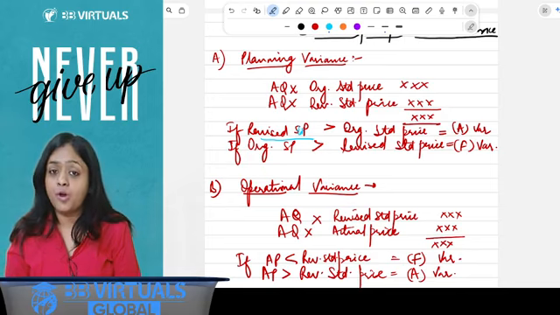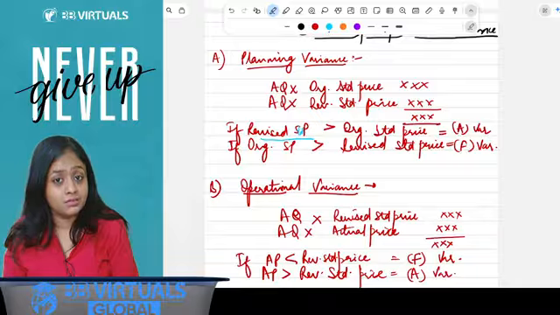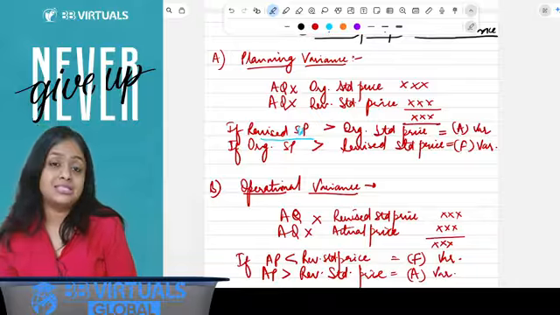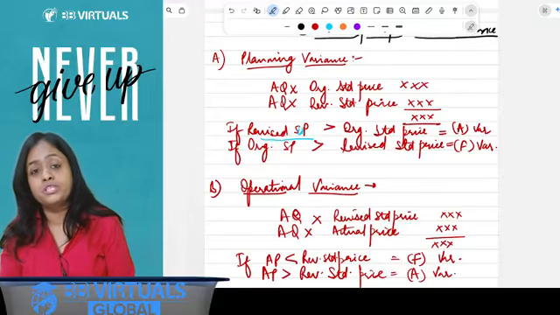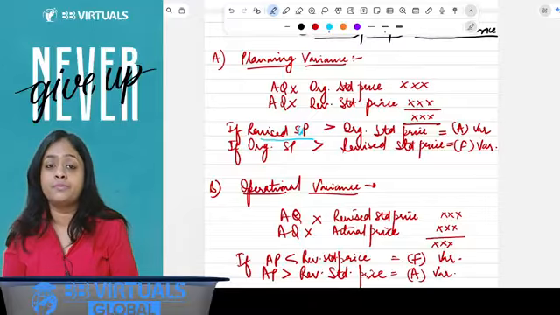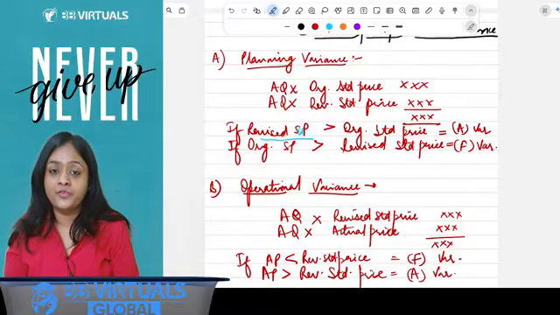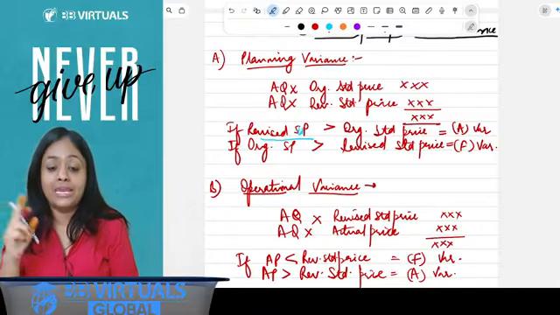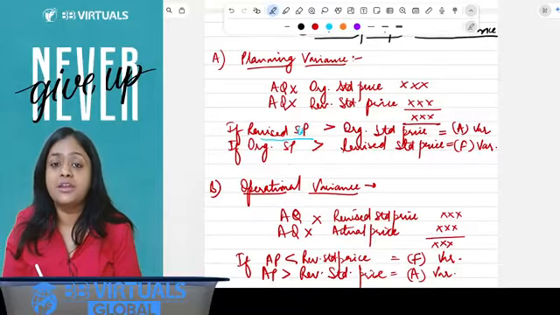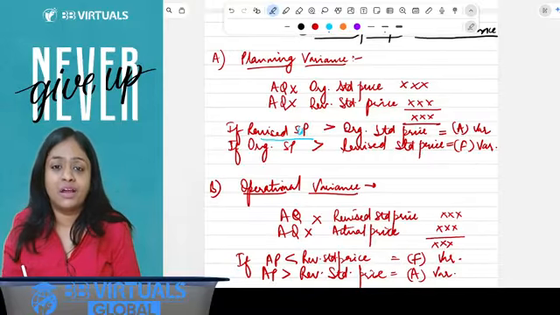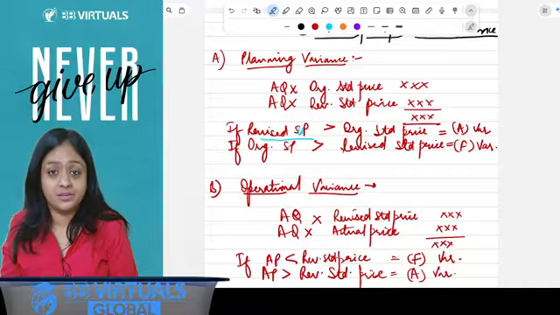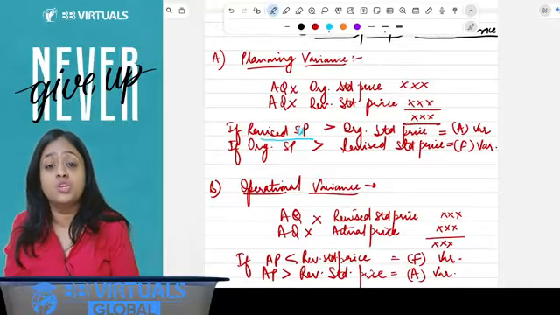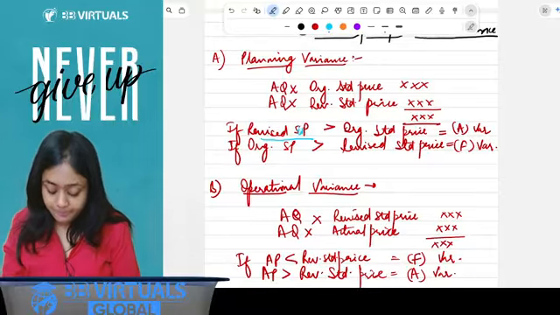However, when the operational people compare the revised figures with the actuals, and actual is less than the revised, then the operational people have done well because they are able to contain this standard figure to a lower value. So likewise, for a planning variance, if the original standard price is more than the revised standard price, it's a favorable variance, because by revision, the management has been able to reduce the price. So it's a good thing.